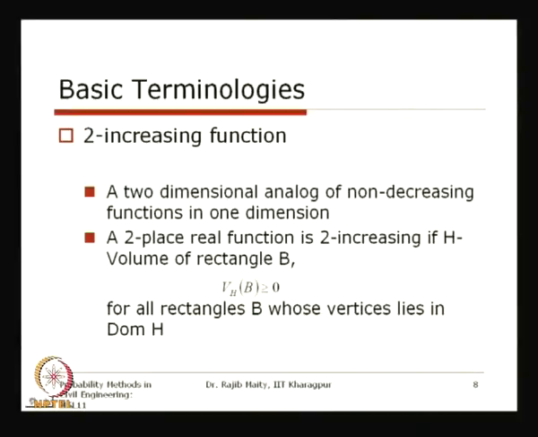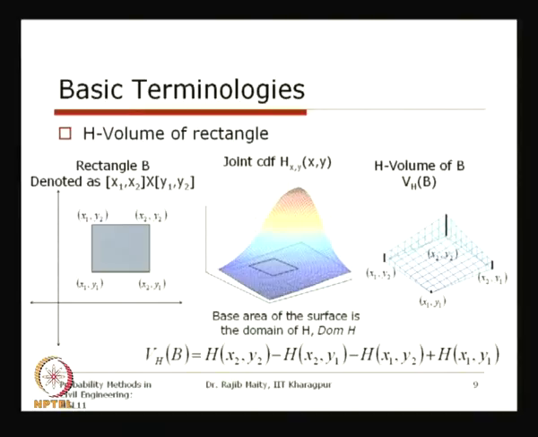Now let us discuss what this H volume means. Let us see this area first, the one rectangle whose vertices are (x1, y1), (x2, y1), (x1, y2) and (x2, y2), in the domain between 0 and 1, which is the domain of that function, and if we specifically mention that x2 is greater than x1 and y2 is greater than y1, then this is the rectangle we see in this form.